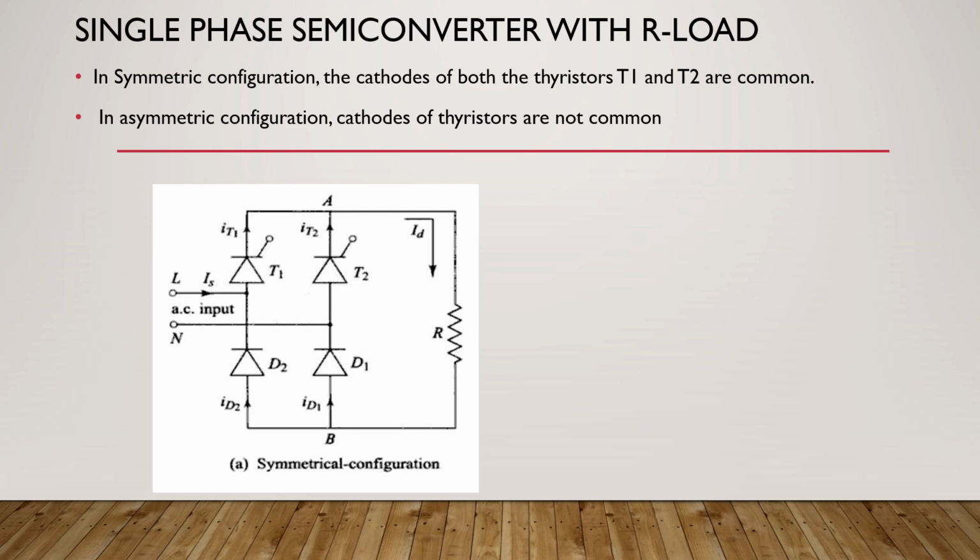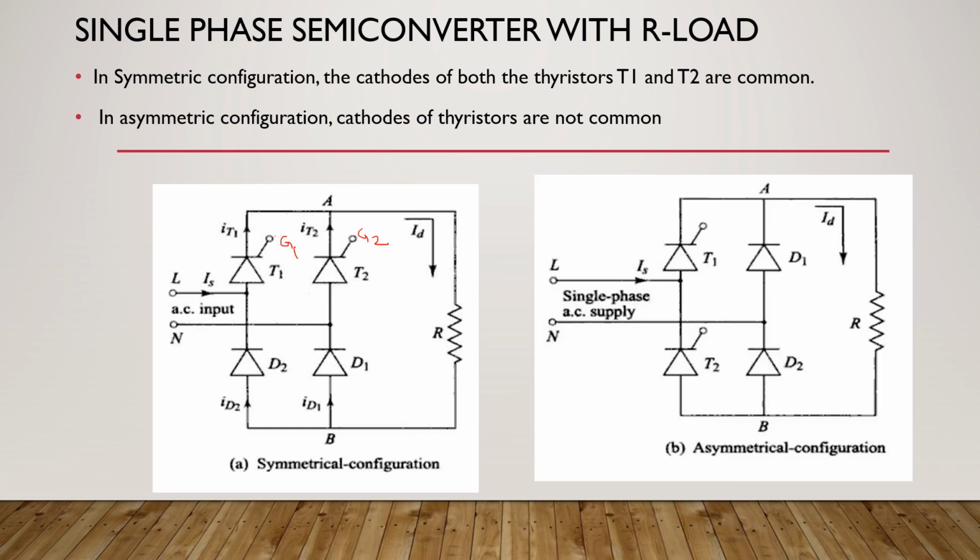So, this is G1 and G2. Normally, we have not shown the gate signal or gate pulse here. It is understood that it is given. But when you give this gate signal, it is to be given between the gate and the cathode. So since the cathode is common for both the thyristors, it's easier to give the gate signals.